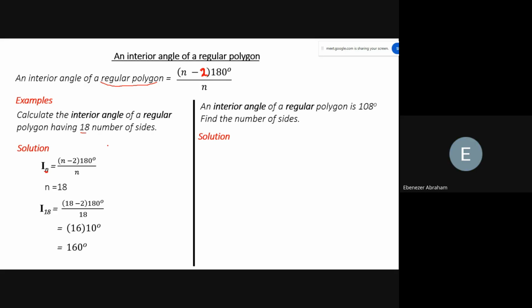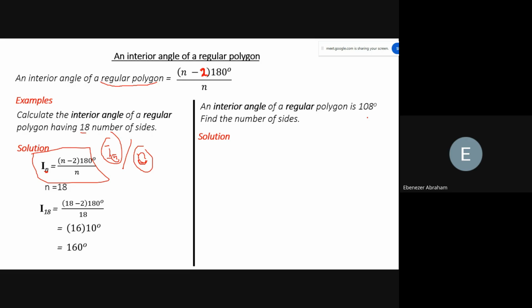As I said, it is not always that n will be given, because in the formula we are using, you have the parameters I subscript n and n. There are 2 parameters. Either you are looking for the interior angle or the number of sides, or you are looking for the n alone. These 2 are the possibilities that you can watch out for.